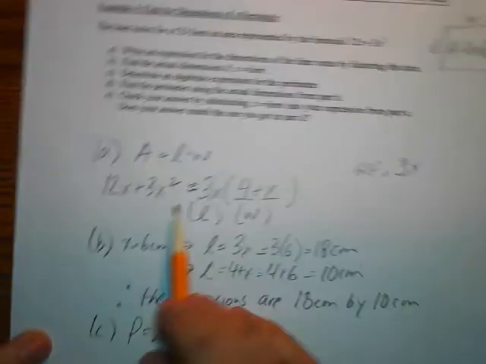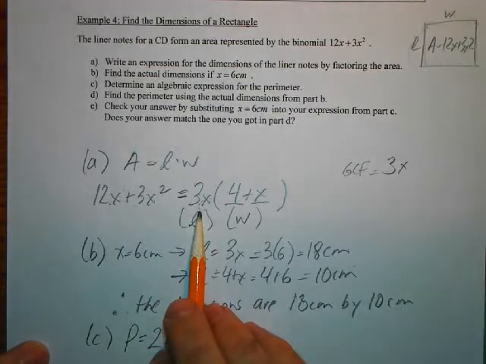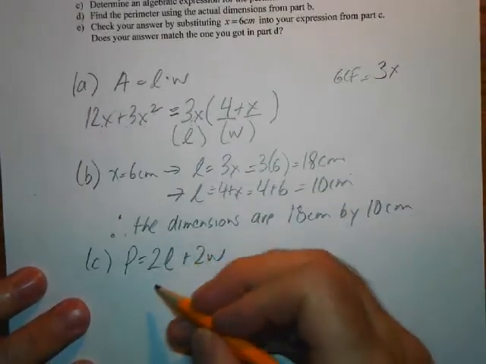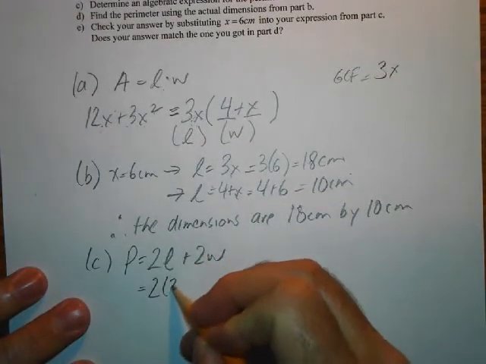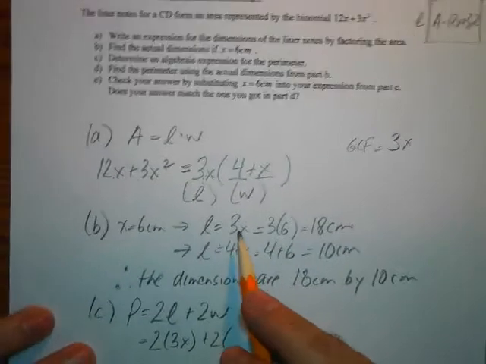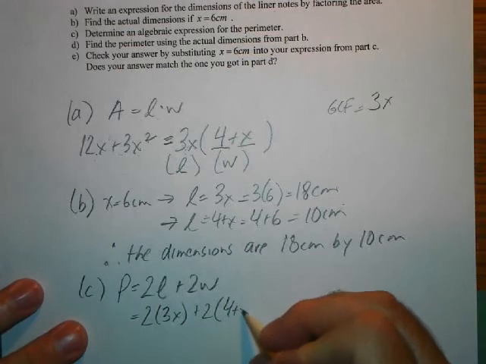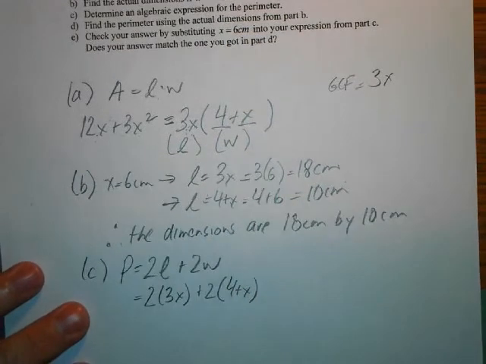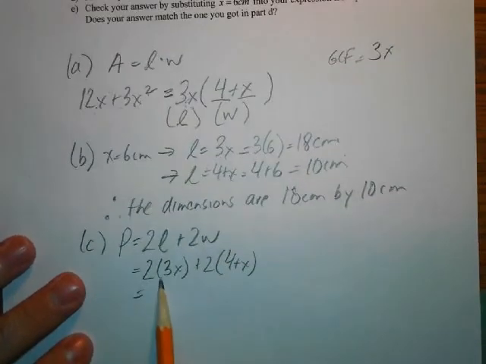Okay, so what's the length? Well, we go back to here. We know the length is 3x and the width is 4 plus x. So it's 2 times 3x plus 2 times the width, which was 4 plus x. So let's figure out what this is. 2 times 3x is going to be 6x.